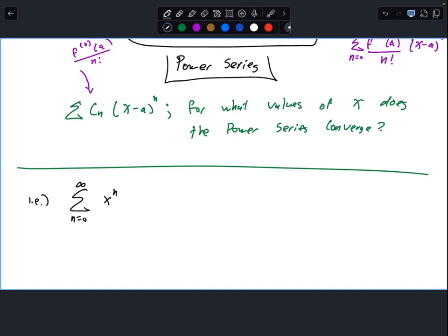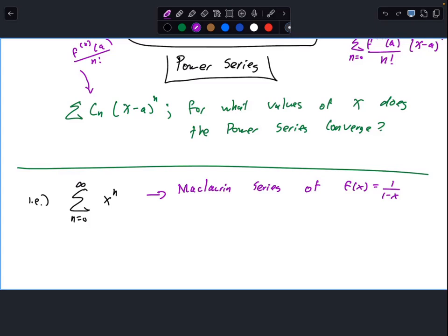It turns out that this is the Maclaurin series of f of x equals 1 over 1 minus x. I don't have to say where it's centered, because when I say Maclaurin, that means it's centered at x equals 0.